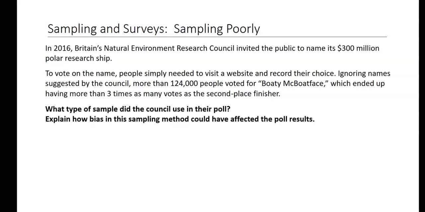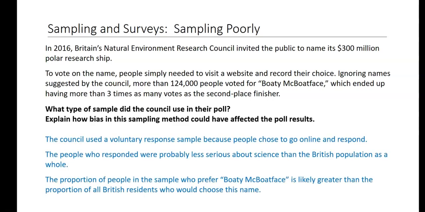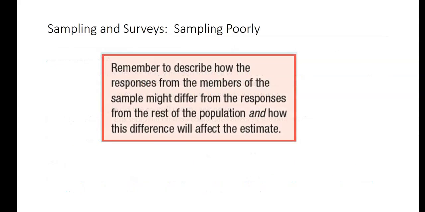Maybe they saw something on social media and they were motivated by that and they wanted to make their opinion known. Definitely voluntary response sample. They were probably less serious about the science than the British population as a whole. So it's safe to say they overestimated the popularity of Boaty McBoatface.